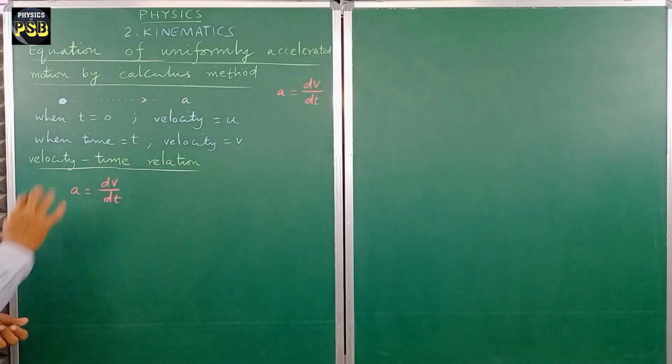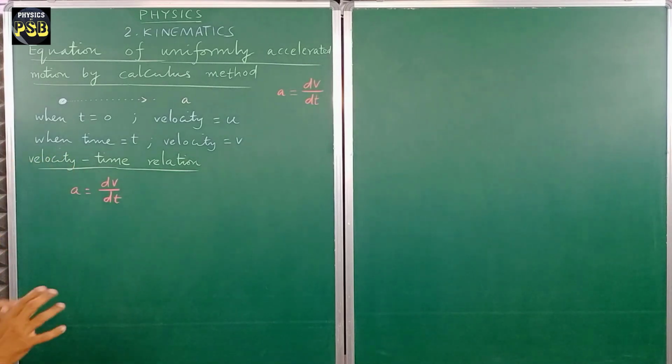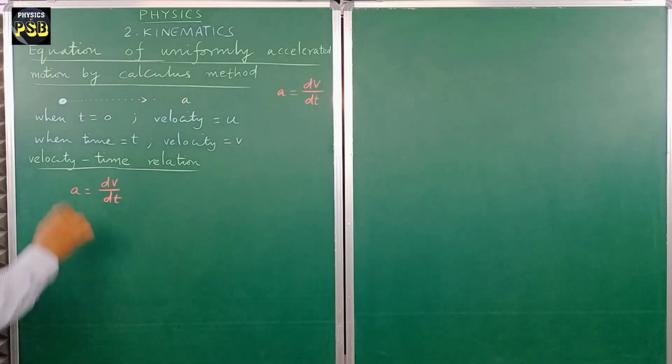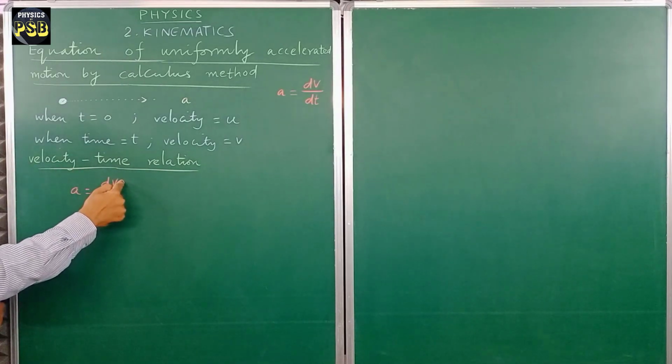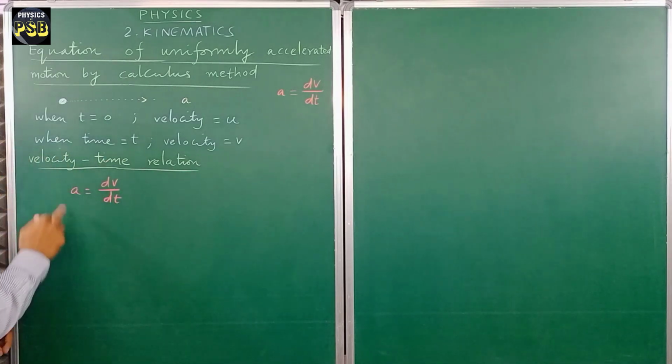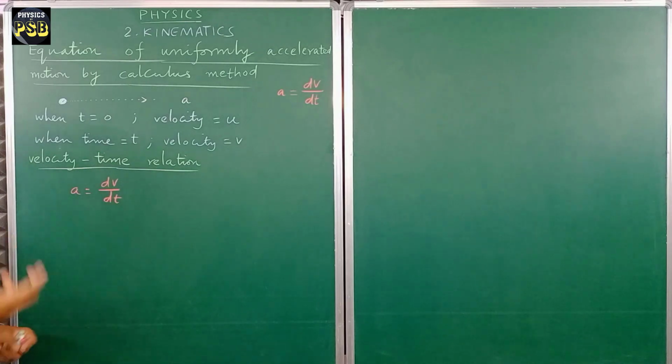In order to remember this in an easy way, suppose you want to derive the relation between velocity and time, what do you need to do? Take a change in velocity and divide it by change in time. You get the acceleration. With this we start.